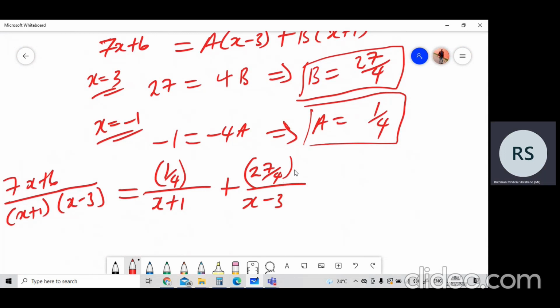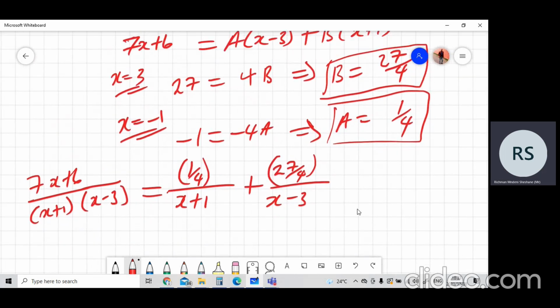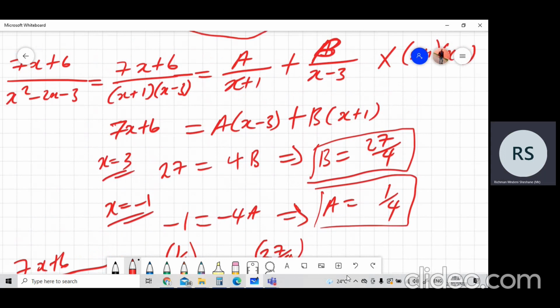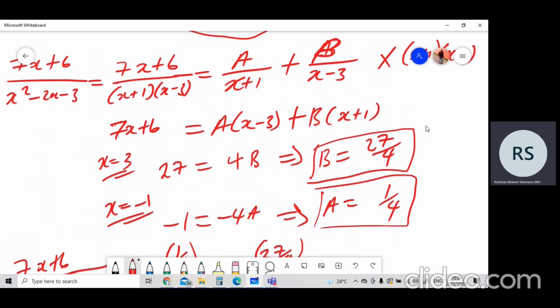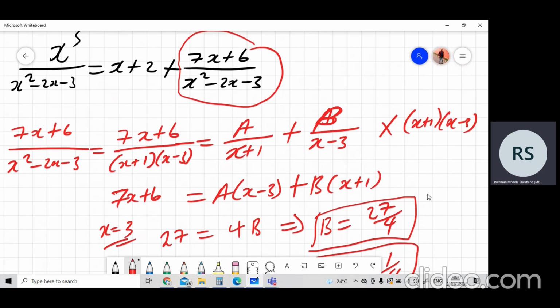So this is the term that we borrowed from here, that we wanted to put into partial fractions.